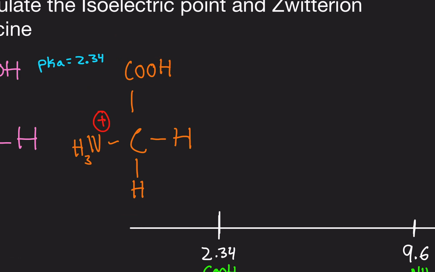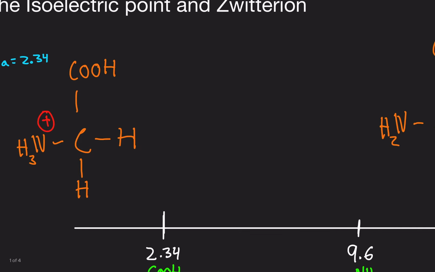That requires us to cross this boundary of 2.34, the carboxylic acid boundary. So that means the only functional group that you're going to change is the carboxylic acid, because you're crossing the carboxylic acid boundary. I think it's the best way to explain it.